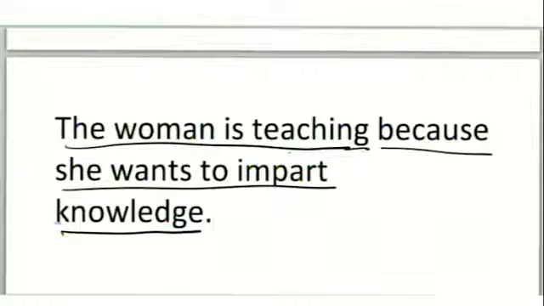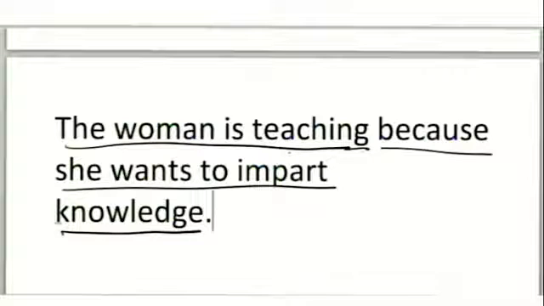However, if we take the second part, because she wants to impart knowledge, what happens until you hear the first one? The woman is teaching. So the meaning of the second part of the clause is incomplete until you hear the first part.